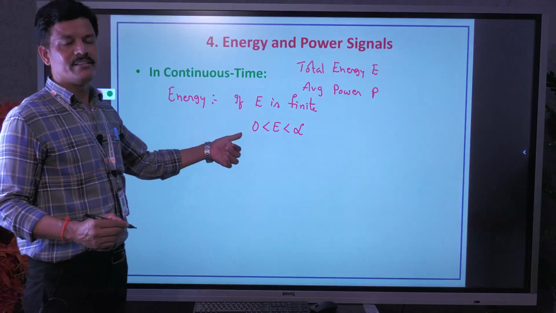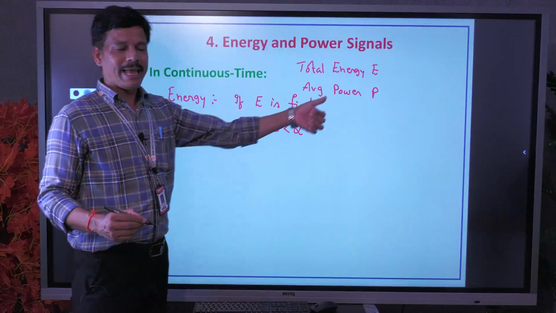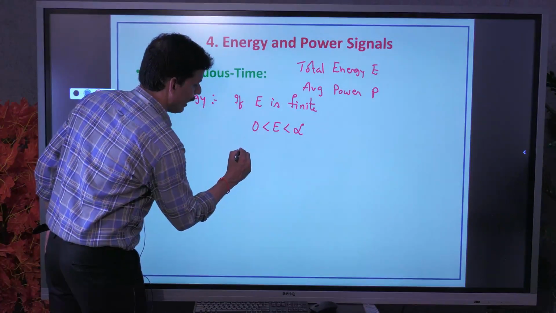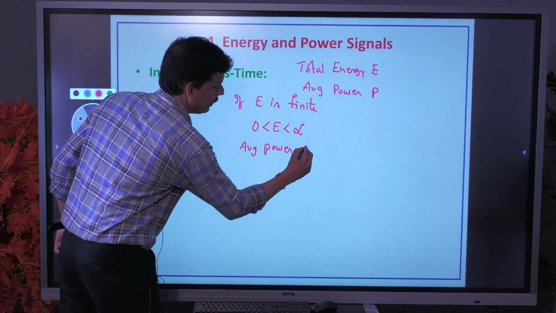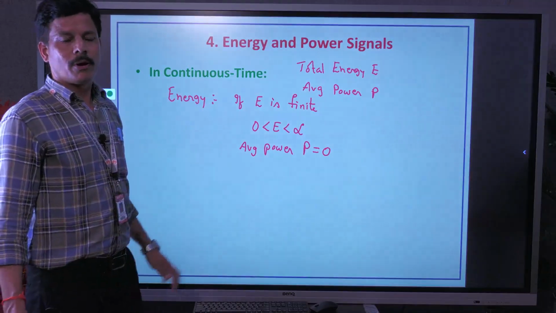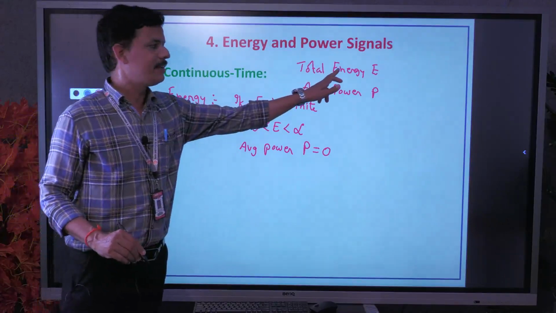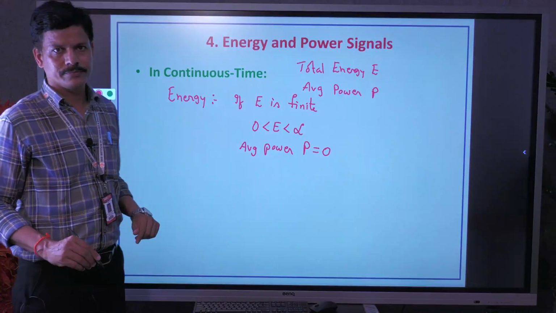For this type of signal, the average power P will be 0. So broadly, a signal is an energy signal if the total energy E is finite and the average power P is 0.